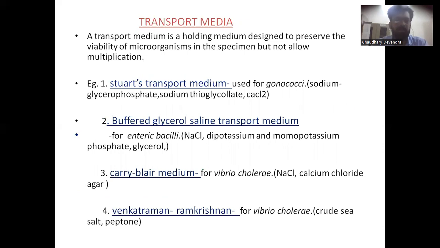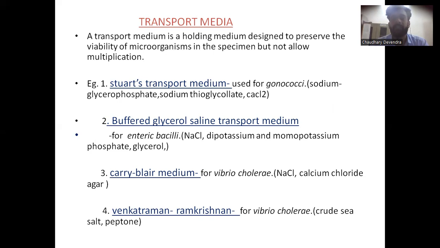Now, transport media. A transport medium is a holding medium designed to preserve the viability of microorganisms in the specimen, but not allow multiplication. So they just preserve the viability of an organism, but cannot allow multiplication of a particular bacteria. Why do we need transport medium?